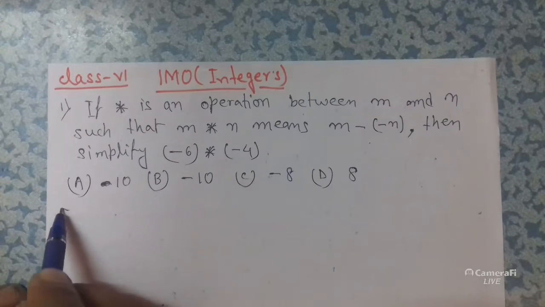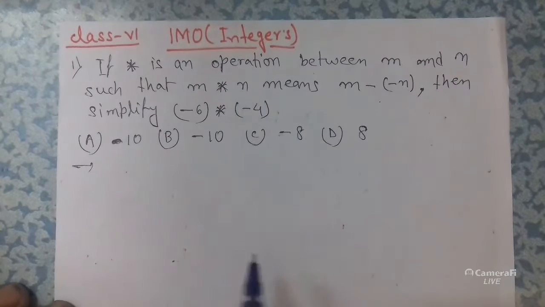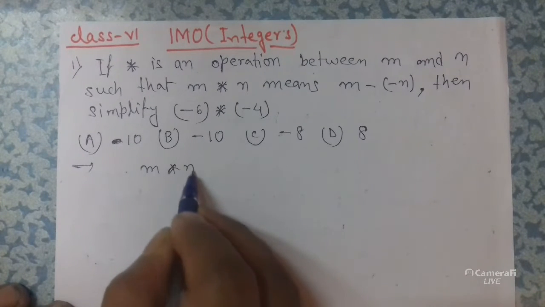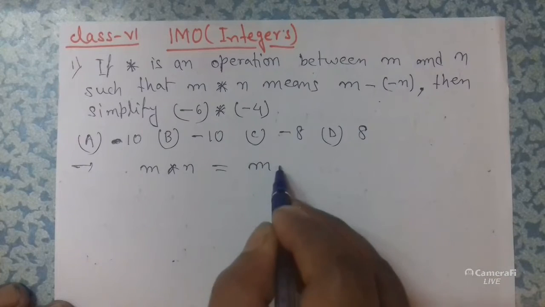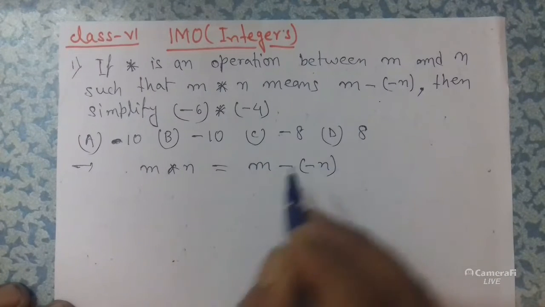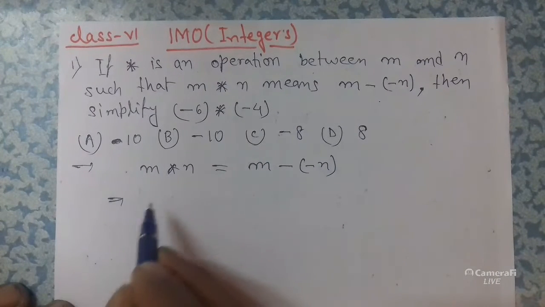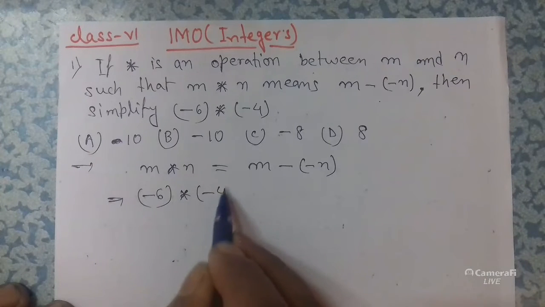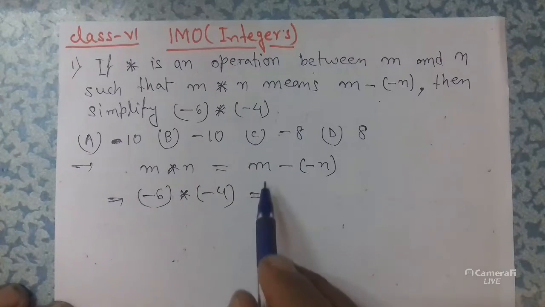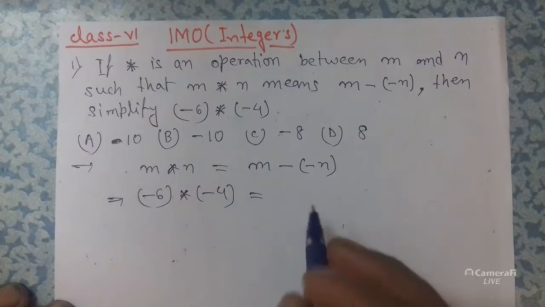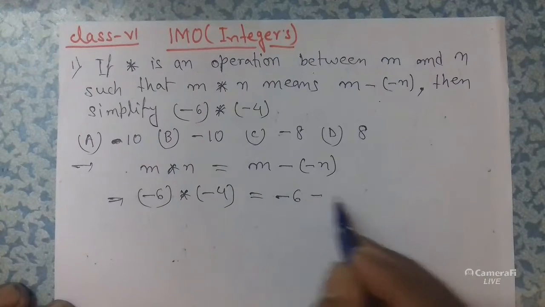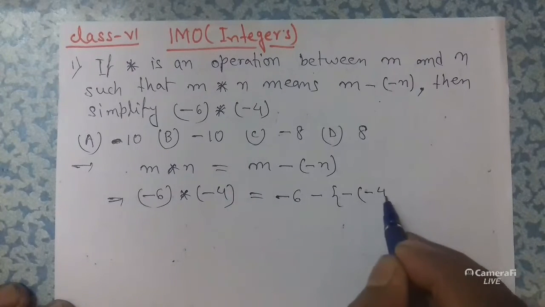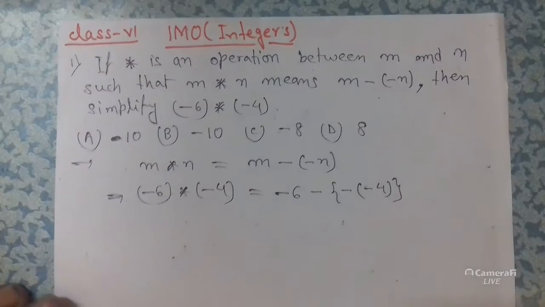So if m star n means m minus of minus n, then minus 6 star minus 4 is equal to, so in the place of m we have to write minus 6 and in the place of n we have to write minus 4.